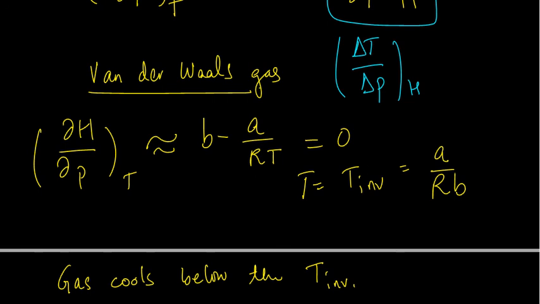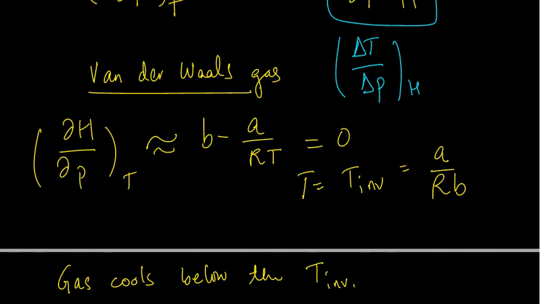If this is large, what do I expect? This term is small. If this fellow is large, then this term is small. B dominates.